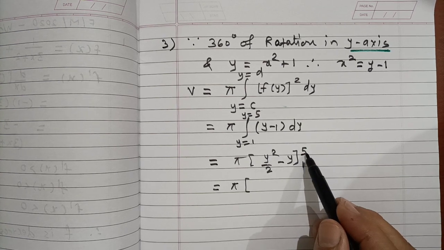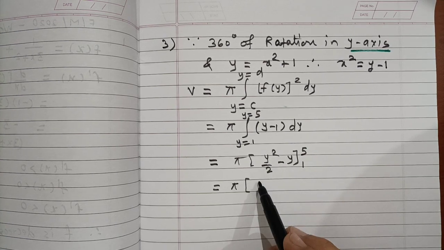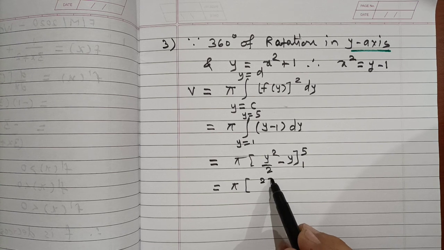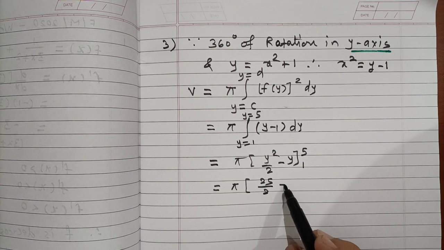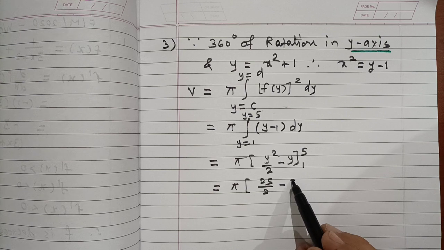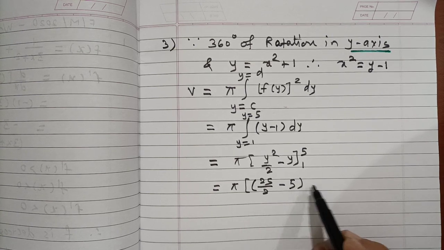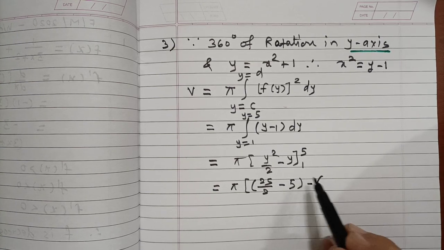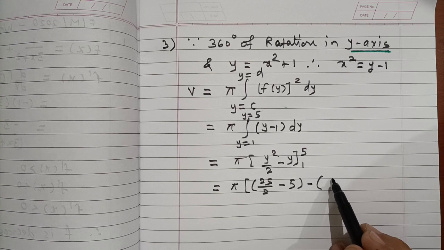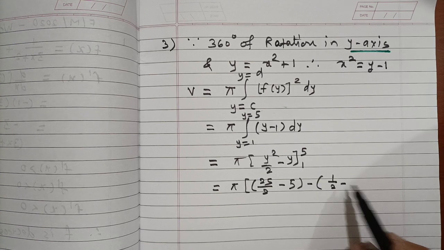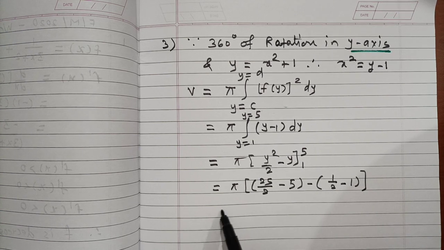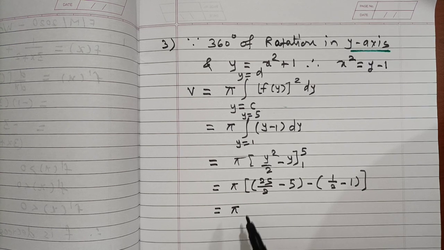So substitute the upper limit: 5 square is 25 by 2 minus 5, minus, 1 square is 1 by 2 minus 1, which is equal to pi. Now we'll simplify this part.